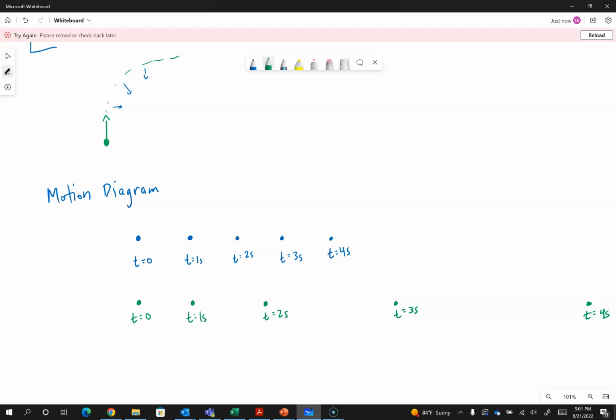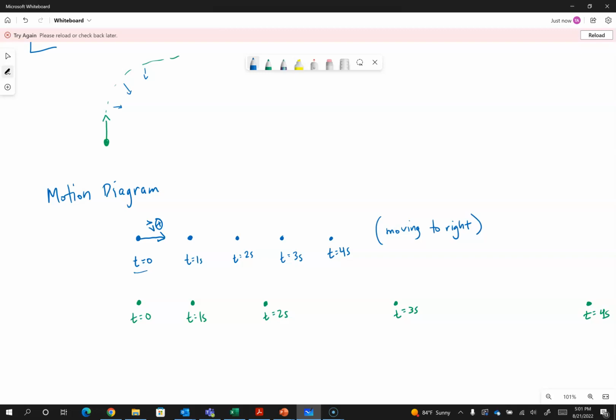We should be able to distinguish and describe the type of motion that we're seeing. In the first situation, we can see the object moving to the right, simply from the time markers. If time equals 0 is the left dot, and then 1 second is the next one, 2 seconds, 3 seconds, and so forth, this object needs to be moving to the right, which means a positive velocity, of course.